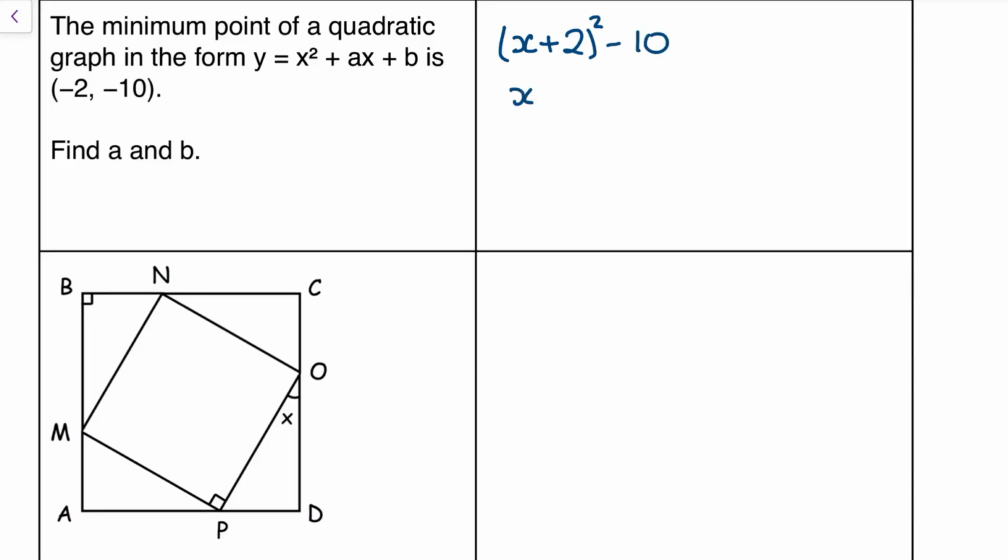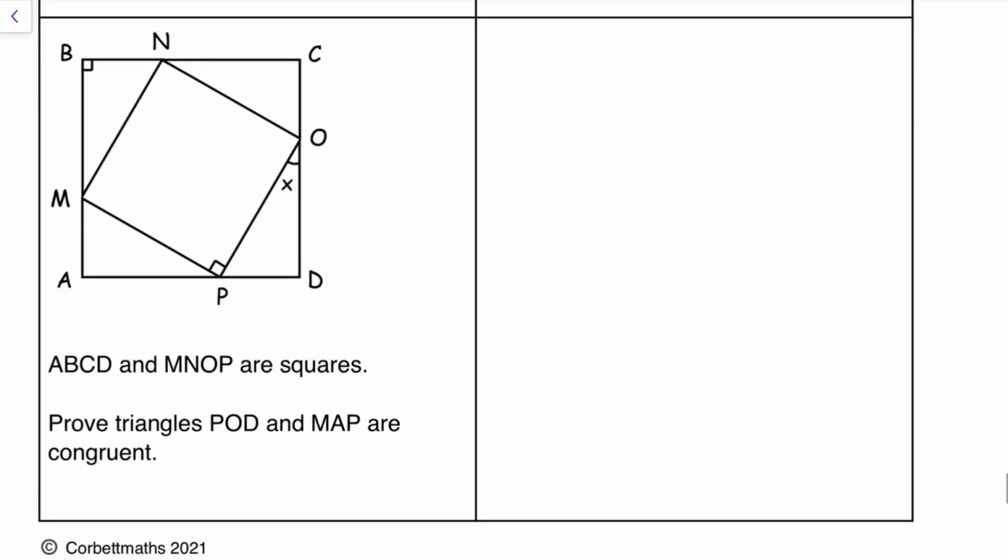And if I expand this, that's going to be x squared plus 4x plus 4 minus 10, which is minus 6. And if I write down what I'm starting with, x squared plus ax plus b, it means that a must equal 4 and b must equal minus 6. Nowhere near as bad as it looks, is it? But good question. Next question.